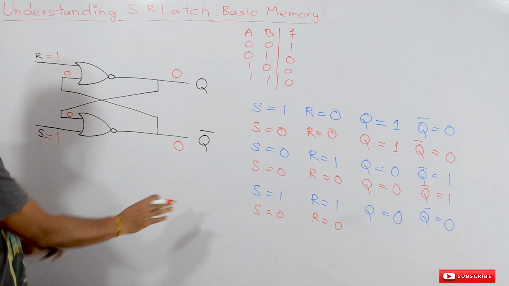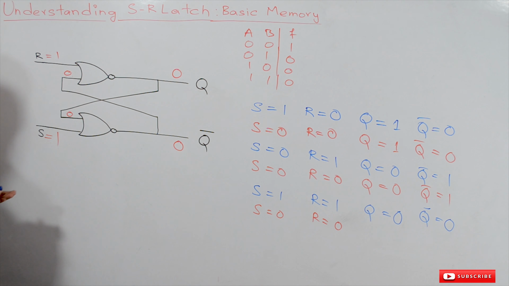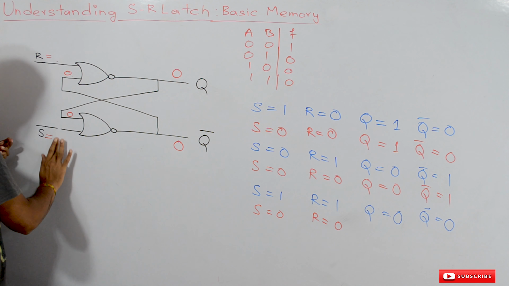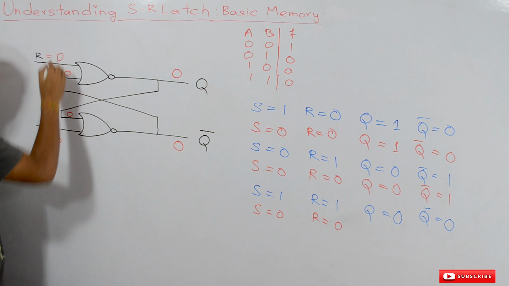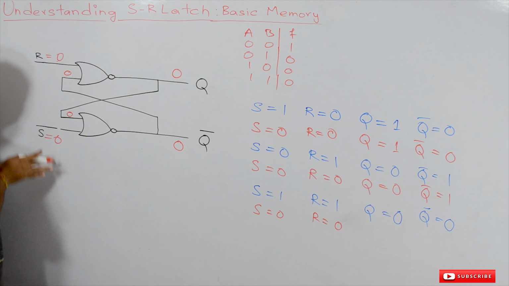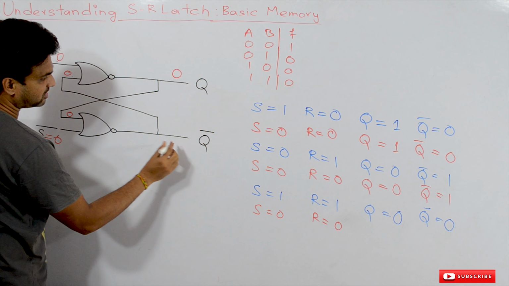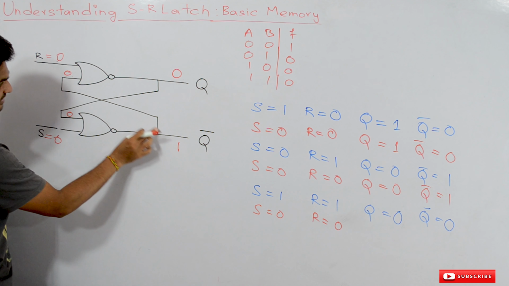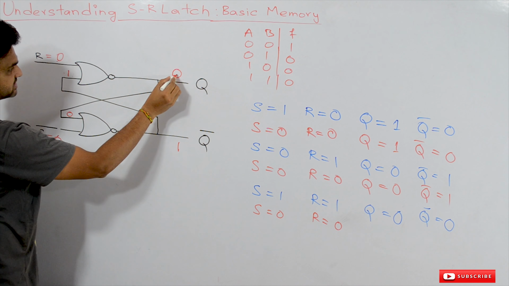Let's see. Okay, so now S is equal to 0 and R is equal to 0. So what happens here? The outputs are 0 0, 0 0, it is going to produce an output of 1. Now if the 1 is transferred here, 0 1, it is going to produce an output of 0.